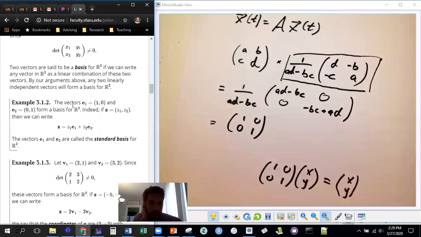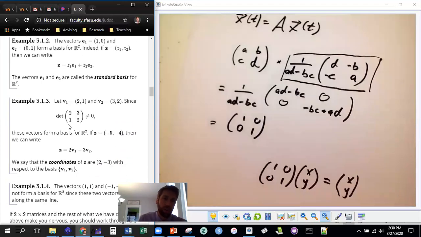In Calc 1 we use i and j, and the better thing to use is e1 and e2, because if you happen to have more systems of equations, like 3, 4, 5 equations, then you run out of letters if you do i, j, k. So the more sophisticated way is to do e1, e2, e3 instead of i, j, k. All right, standard basis.